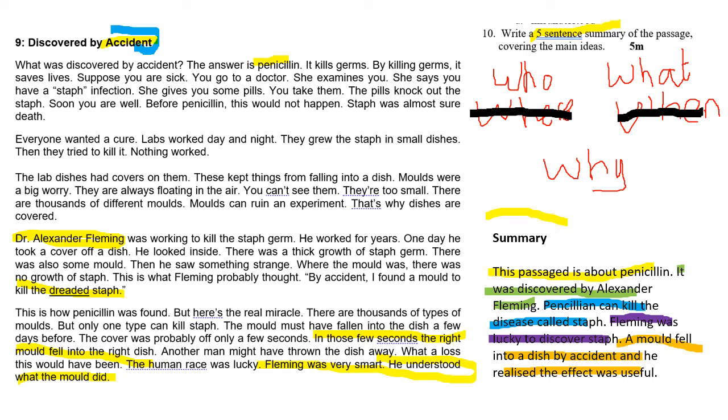Think about where the ideas came from. And next time you do a summary, remember, do not copy from the passage. Use your own words and include the main idea only. If you have a story, think about who, what, where, when, why. If you have an argument, think about taking an idea from each paragraph so that you include the whole of the passage in your summary.